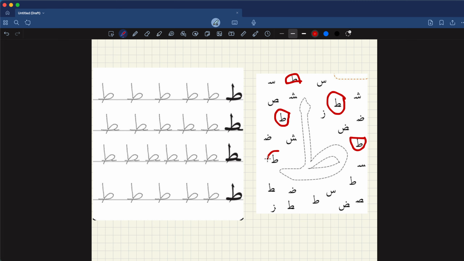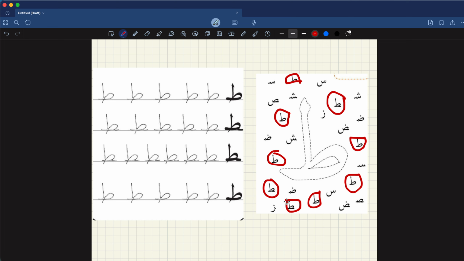And here this is Ta too. This is in the middle or at the end of a word. This is in the beginning. And here it's in the beginning of a word.